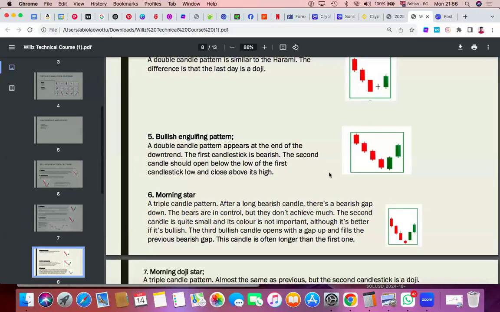So the bullish engulfing pattern creates these consecutive down patterns, and then there are two candles or more that appear and cover these consecutive downtrend candles that have been printed.